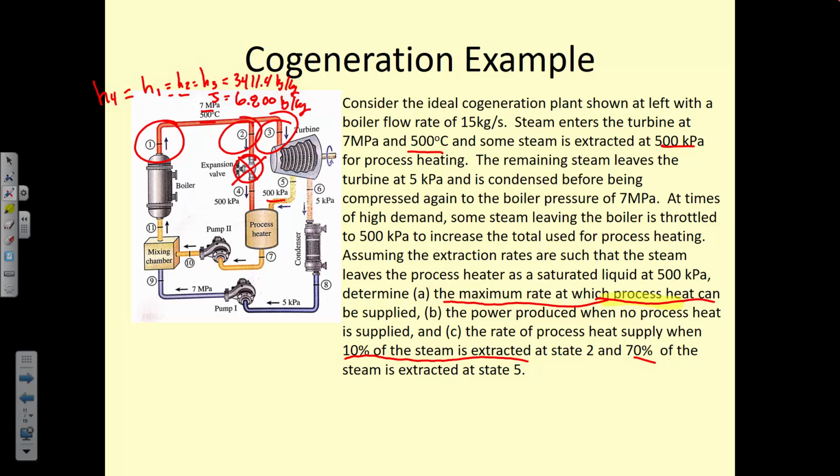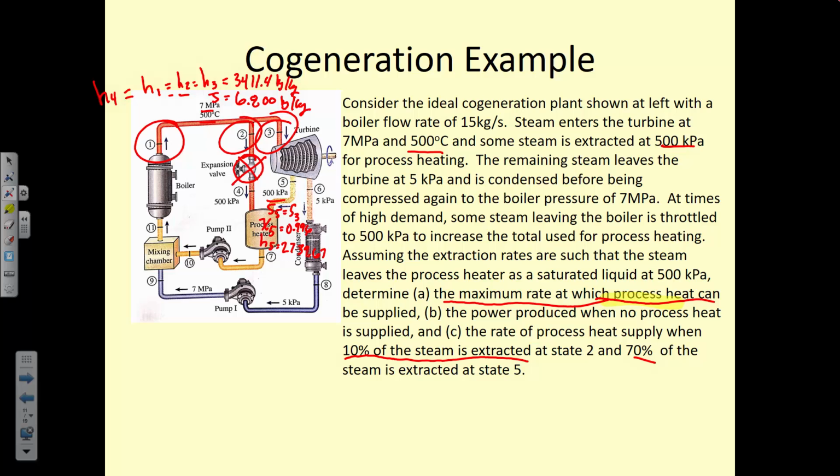State 5, we know the pressure is 500 kilopascals, and we know that S5 is equal to S3, which is equal to S2, which is equal to S1. So S5 is 6.8, which means that we have to calculate a quality of 0.996, and H5 we find is 2739.67.